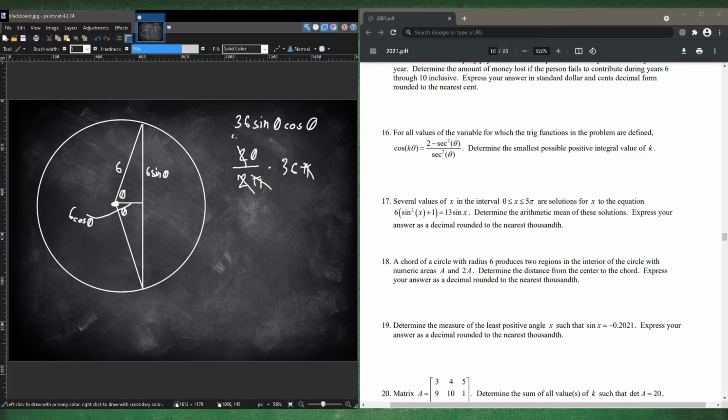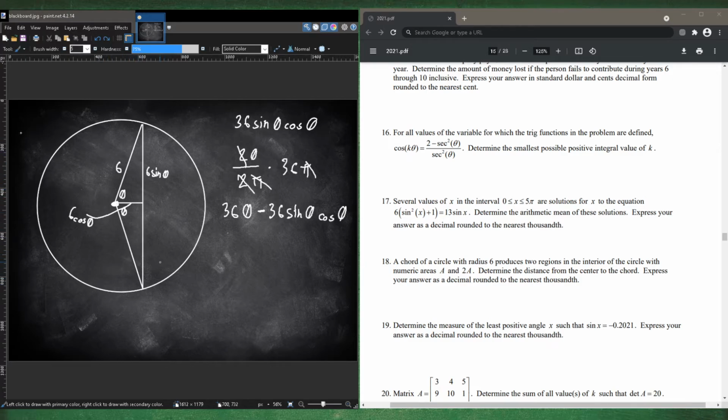theta minus the area of our triangle to get the area of just A. So that is 36 theta minus 36 sine theta cosine theta. And that's A. Now for 2A, this entire thing, we need to add the area of our triangle plus the area of this sector.